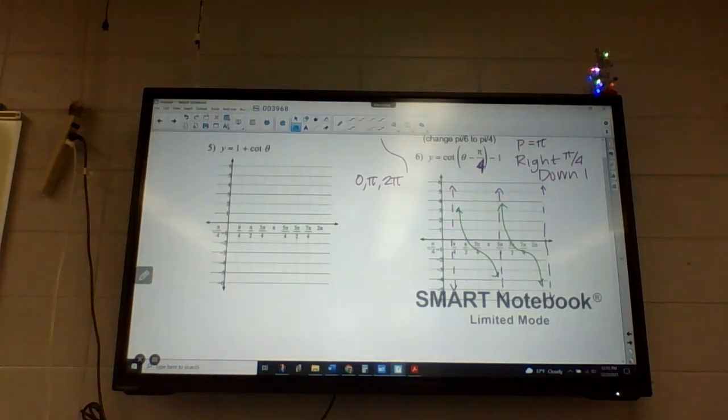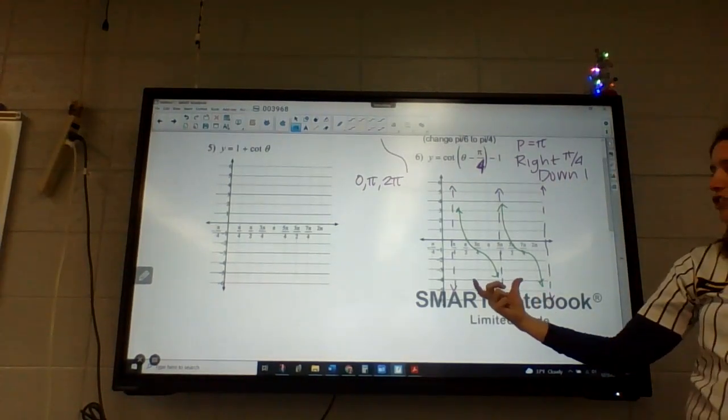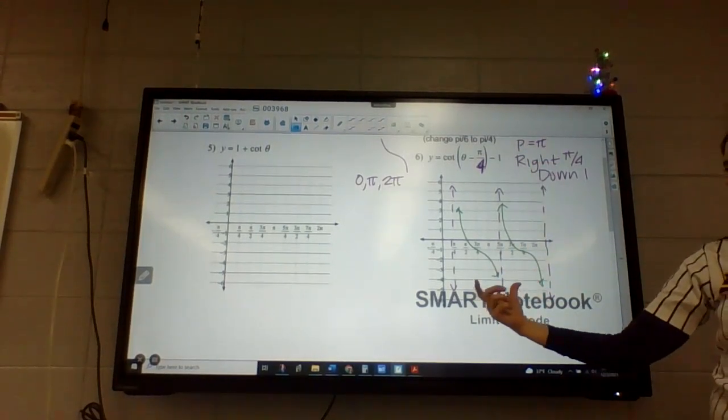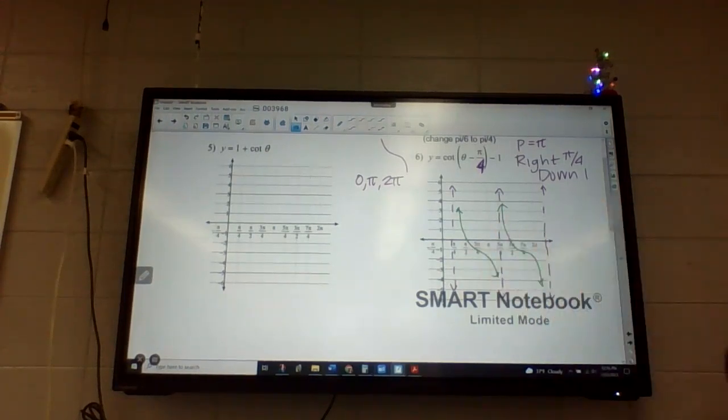Actually, I redid one of them, and number 3 didn't matter if you moved it left or right at all, because it was the same period. And guys, double check when you're done that your graph is the right period length, so it goes from pi over 4 to 5 pi over 4. That's a whole pi between there. So just understand that you have the right length for your period.